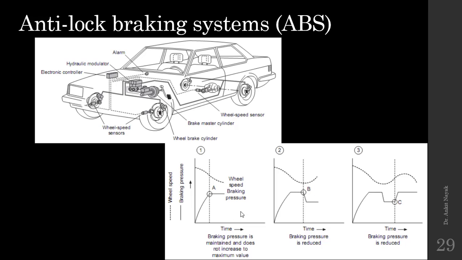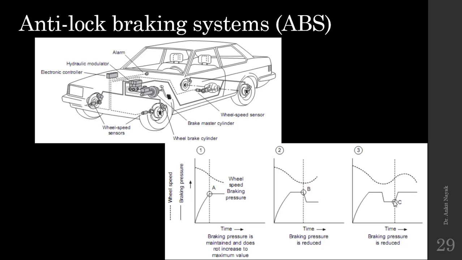And here, initially we have to apply the brake pressure. The brake pressure is continuously increasing, and then the braking pressure is maintained constant for a short time. After that this pressure will reduce and be held constant, and then again it will apply a pressure, again it will increase this amount of pressure.